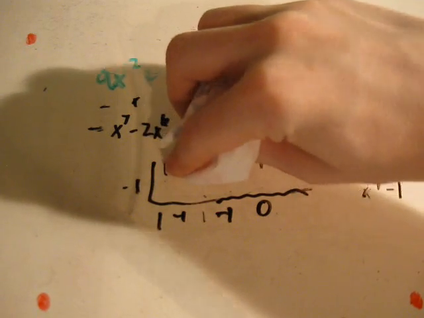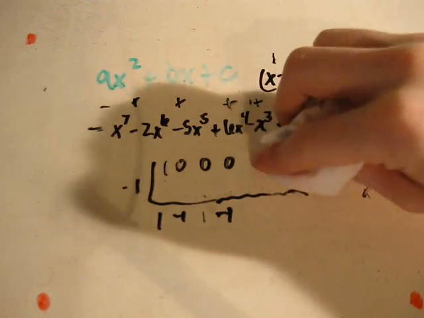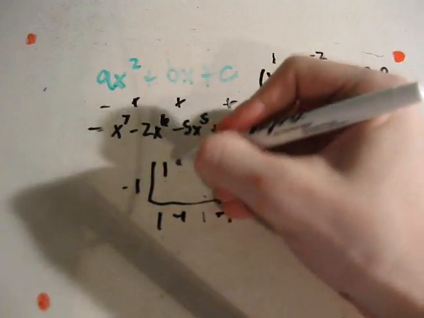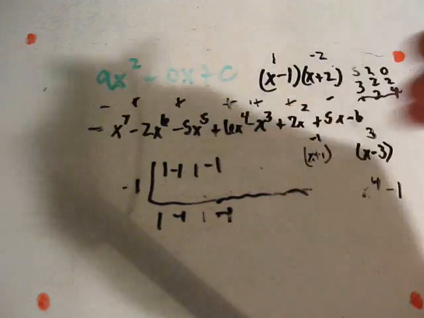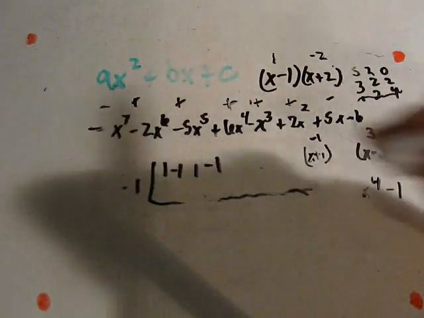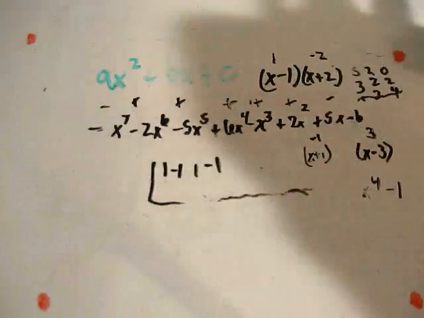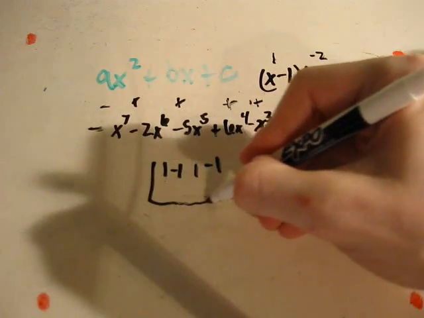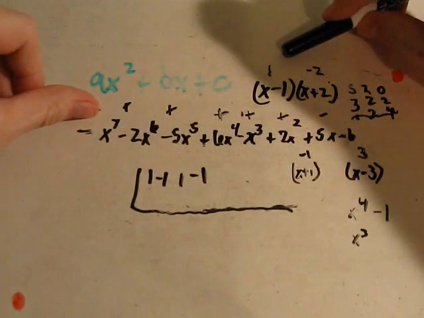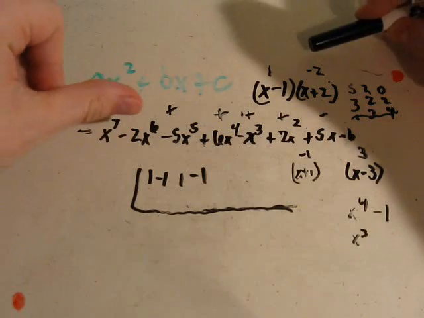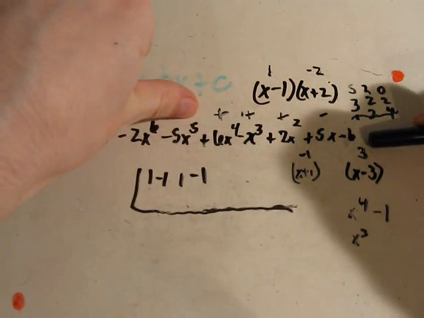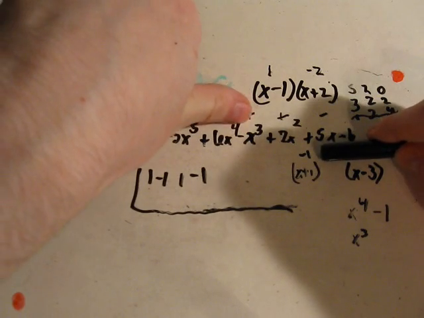And so we can replace all of this with 1, negative 1, 1, negative 1. Seven to 6, 6 to 5, 5 to 4, 4 to 3.